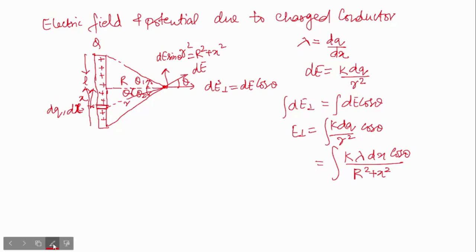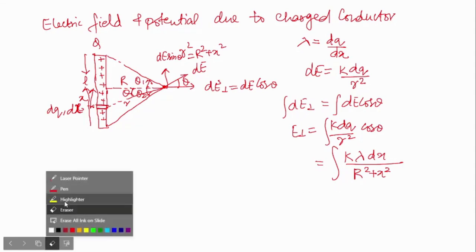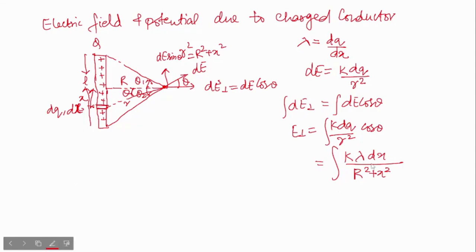We can also replace cos theta as capital R upon under root of R squared plus x squared, you can see from this triangle. Now we have simplified the equation. E perpendicular will be, taking the common terms out, k lambda R dx upon (R squared plus x squared) power 3 by 2.